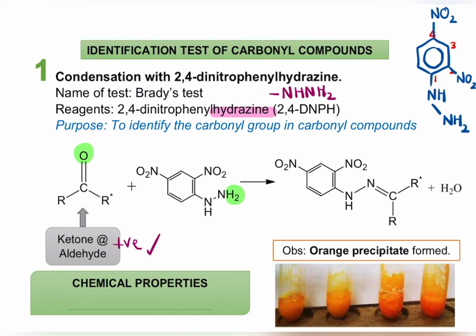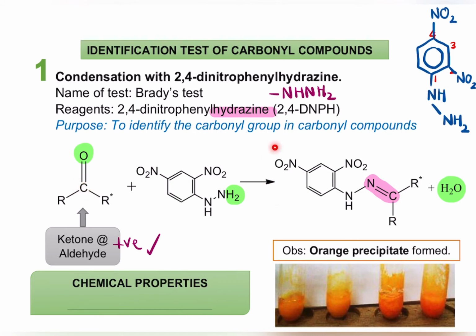So from here, this H2 and O will form H2O as your side product, and the rest of it you are going to combine, where the combination starts from this part. This nitrogen is coming from this part, and this carbon is coming from the carbonyl carbon.